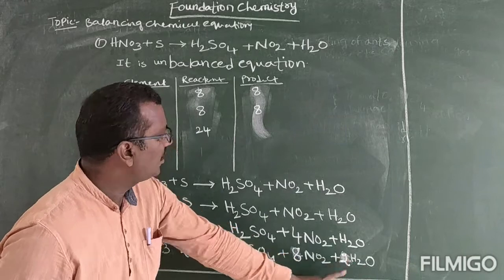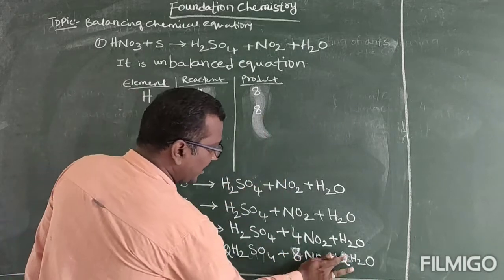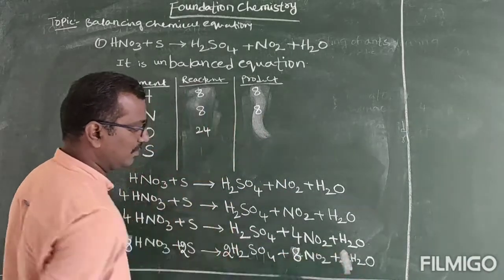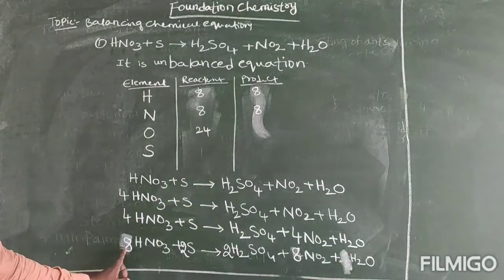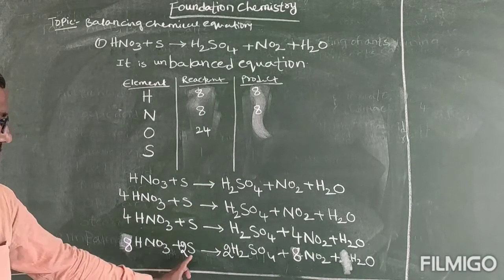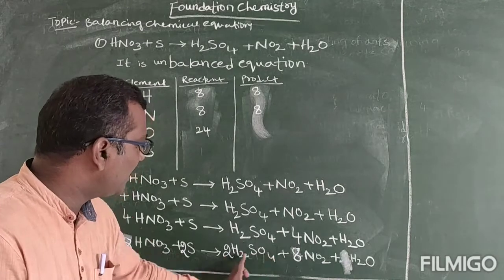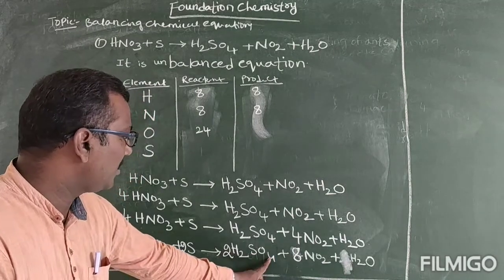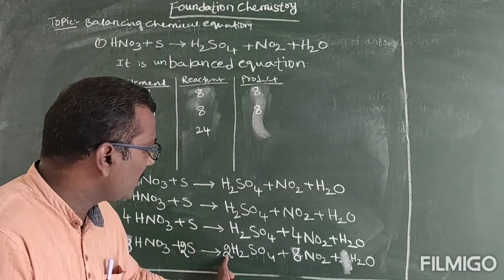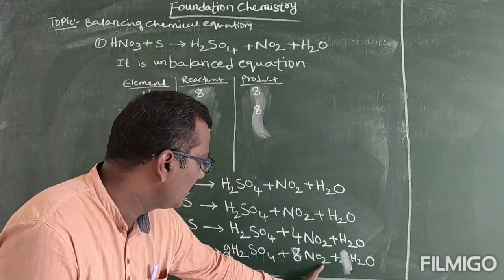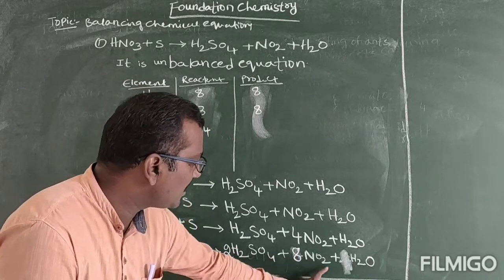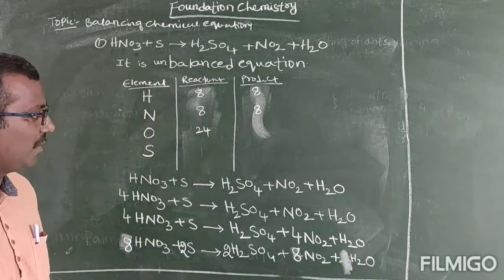Here 26 they are coming. If I remove this 2, now you see 8 3s are 24, 4 2s are 8, 32, 4 2s are 8 plus 2 is 6, 8 plus 16 is 24, but 25 are getting.